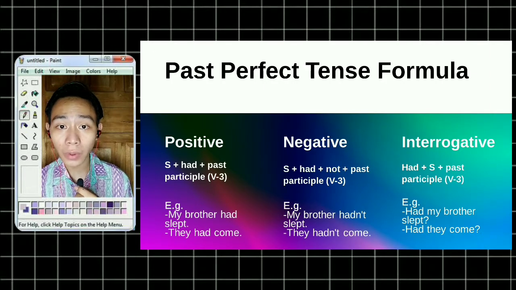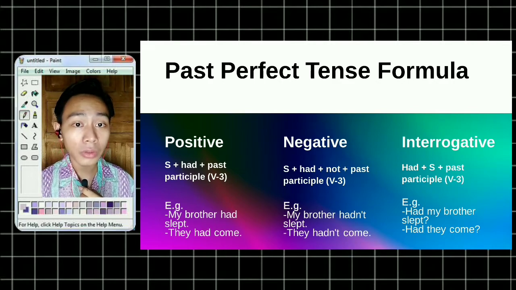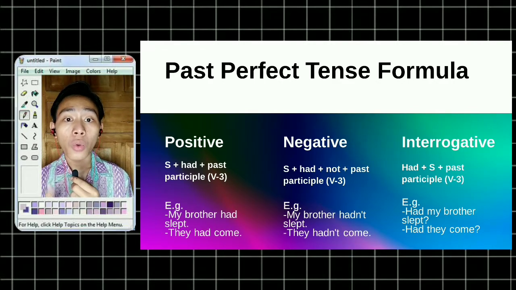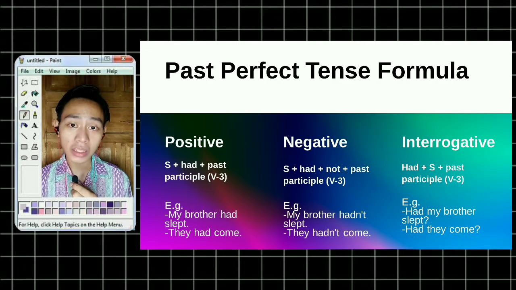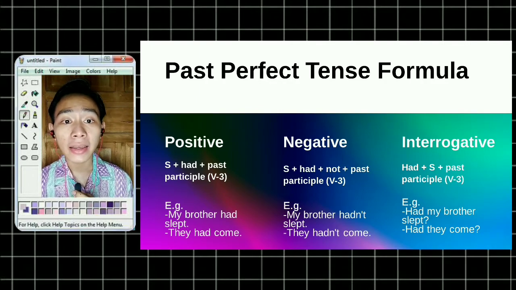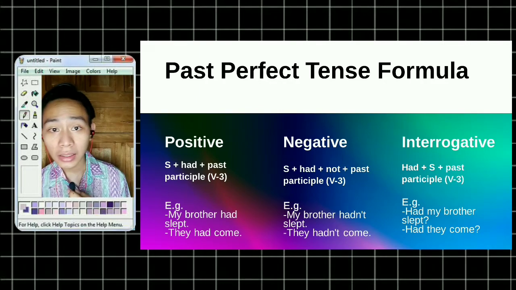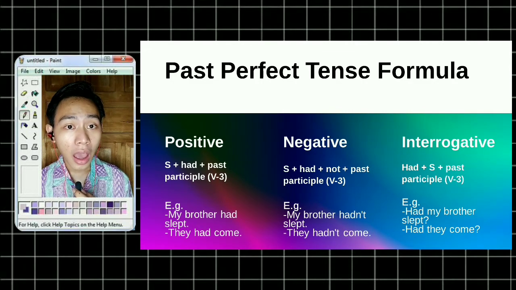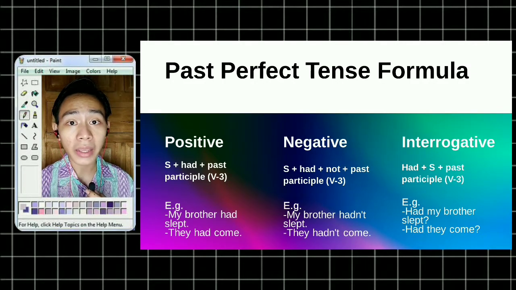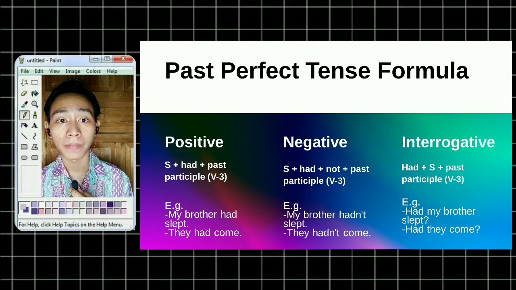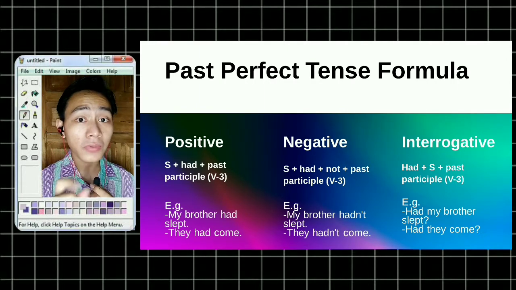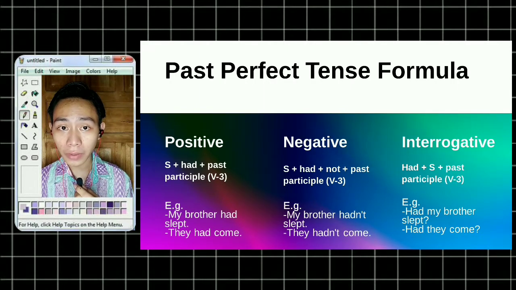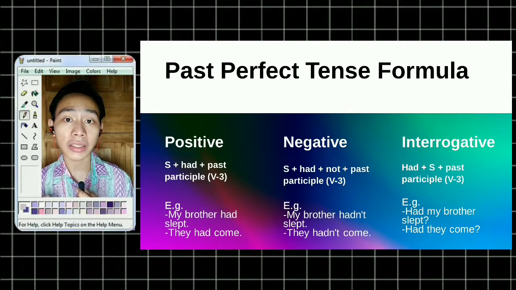Had is used for both singular and plural subjects, while the past participle is formed by adding -ed, -d, -t, -n, or -en to the base form of a regular verb. For the base form of an irregular verb, the past participle is inconsistent.